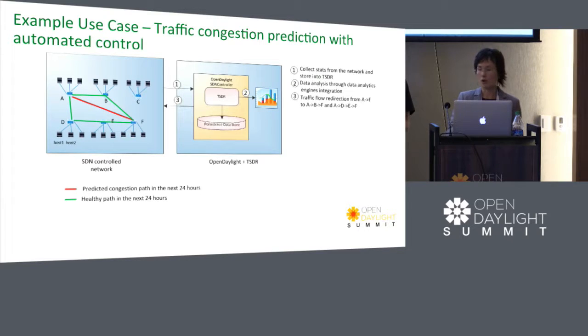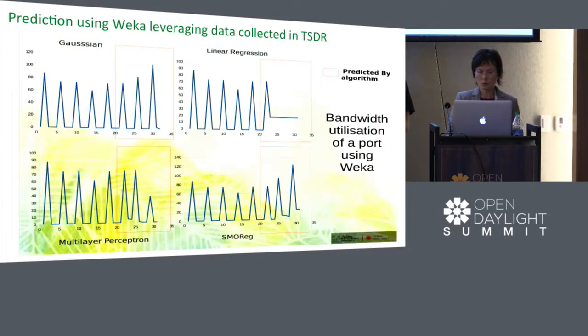Inspired by this simple example, as the MILA Workgroup, at the very early stage, we did some experimentation on this topic. What we did was, relying on ODL TSDR, we collected the SNMP interface metric and then fed it to Weka, which I believe quite a lot of people probably know about.